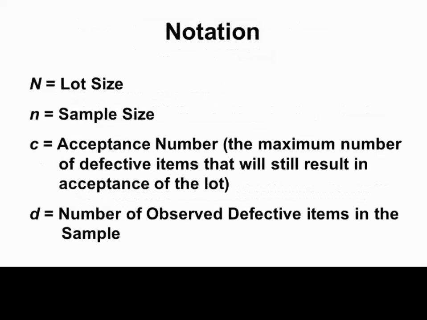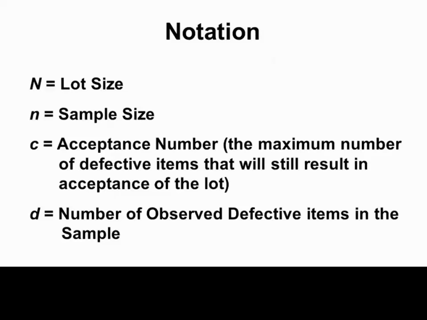Okay, because I'm going to be showing you some expressions, I want to just define some notation up front. So we're going to use capital N to indicate the lot size. And by saying lot, I'm talking about the unit, or the population that we're trying to disposition. So in this context going forward, we're going to be either rejecting lots or accepting lots.